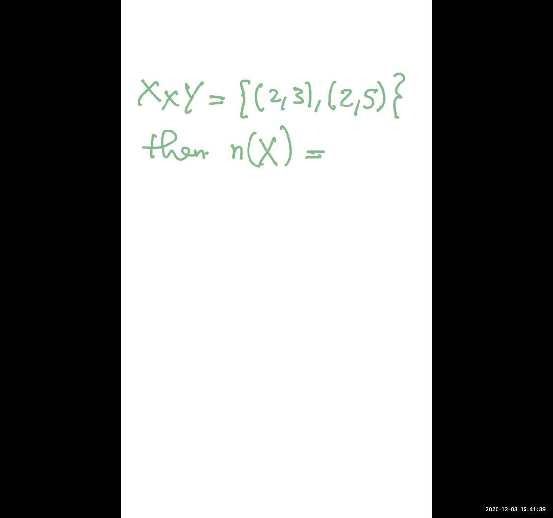Here it's (2, 3) and (2, 5). So simply x equals the set of 2 only, because x appeared as a first projection only 2, in the 2 pairs. So the number of elements of x will equal 1. The correct choice will be letter A, only 1 element. Okay, next question.